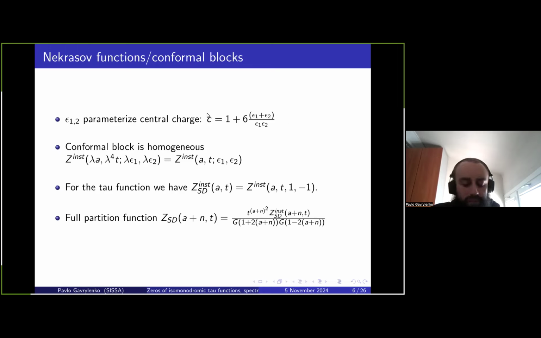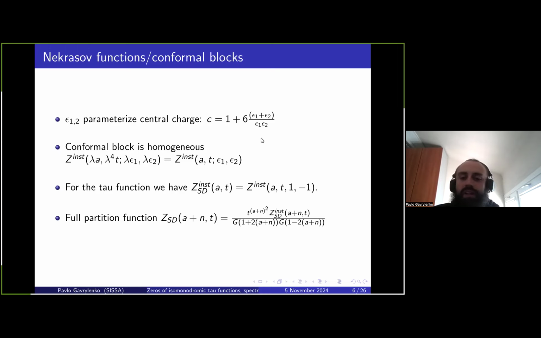Generic epsilons correspond to some conformal block in CFT. I missed a square here, sorry. It should be a square in the numerator. So it's a central charge of conformal field theory, which appears for arbitrary epsilons.